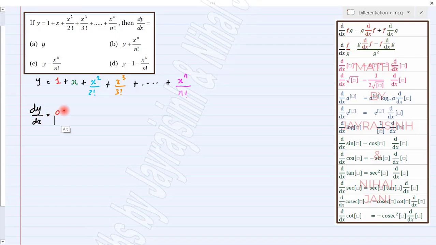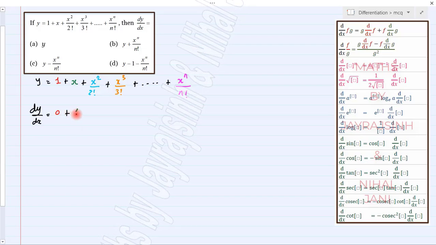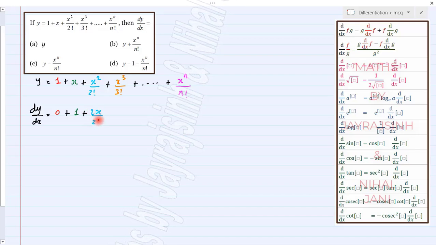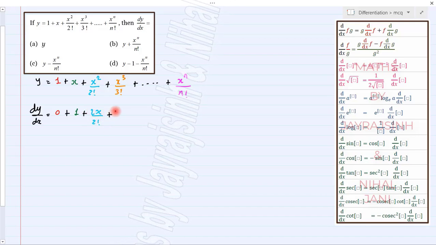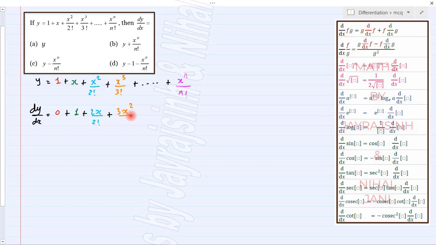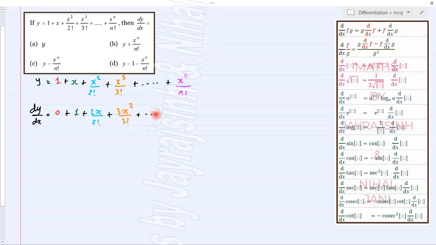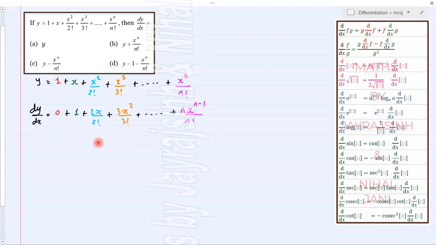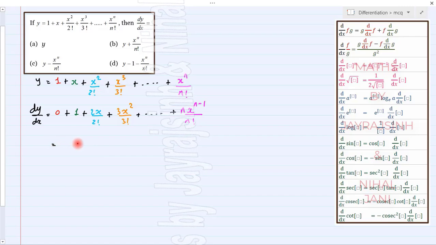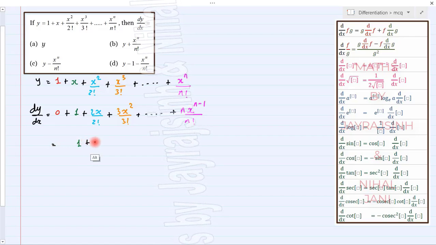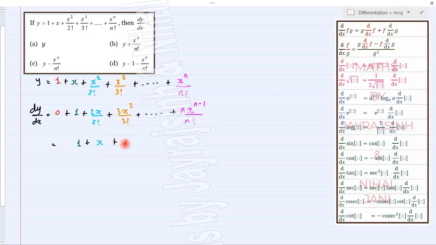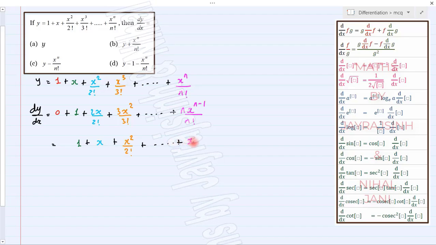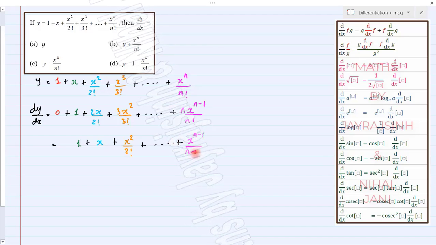Differentiation of 1 will be 0, differentiation of x will be 1, differentiation of x square will be 2x upon 2 factorial plus differentiation of x cube will be 3x square upon 3 factorial up to n into x raised to n minus 1 upon n factorial, which can be simplified as 1 plus x square by 2 factorial up to x raised to n minus 1 upon n minus 1 factorial.